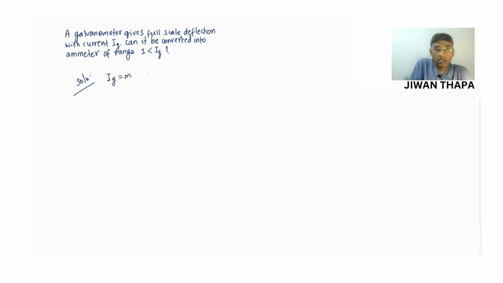Ig is the maximum current that can be passed through the galvanometer, okay?